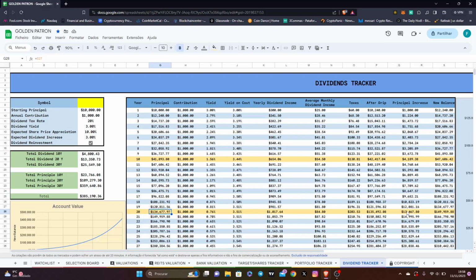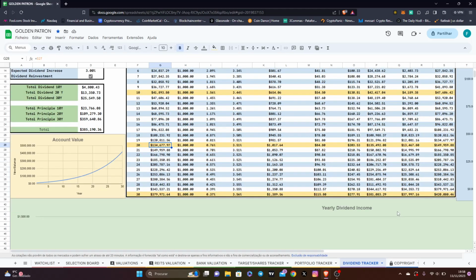So that's a big difference already. And after 30 years you would be at $379,000, nearly $380,000, and you would end that year with $420,000. That's a lot of money.